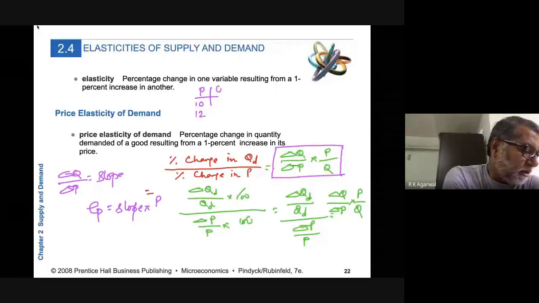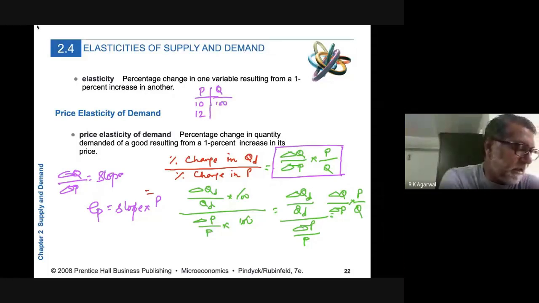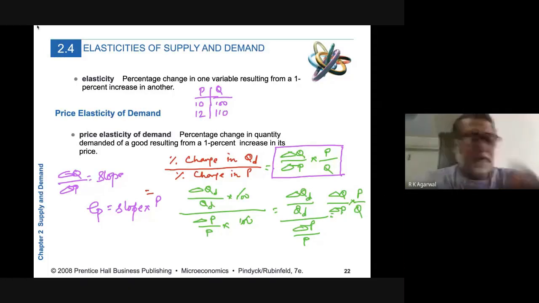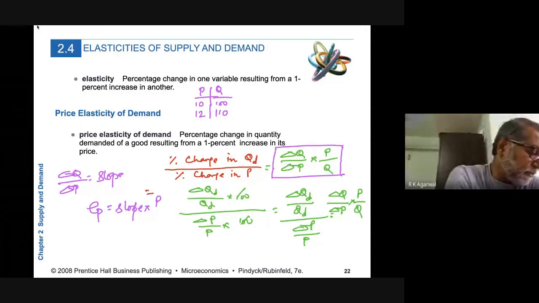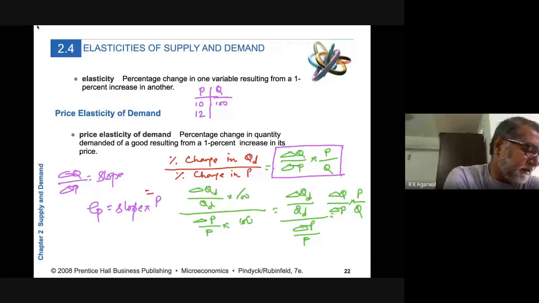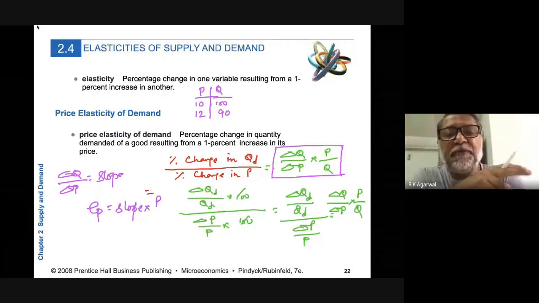Quantity, originally it is 100, then it goes on to become 90, because there is an inverse relationship between price and quantity. So when price goes up from 10 to 12, the quantity must fall. Now, we have presumed that the quantity has fallen from 100 units to 90 units as a result of a 20% increase in the price of the product.